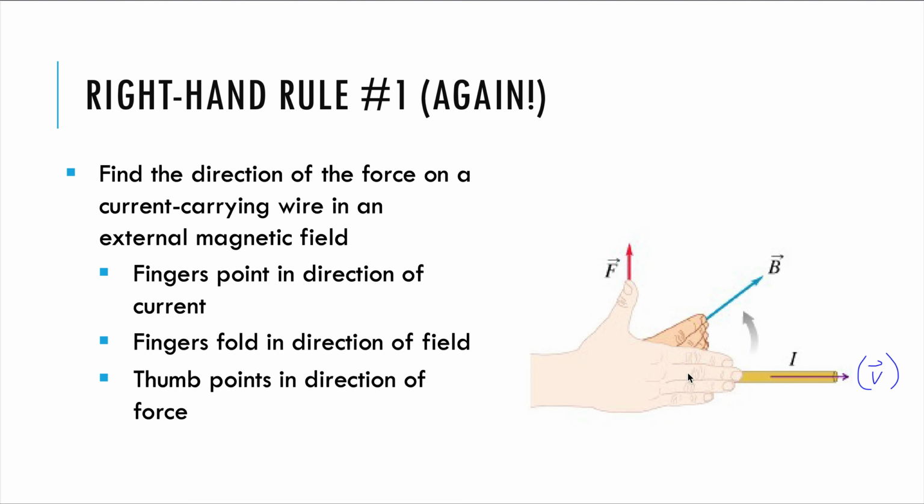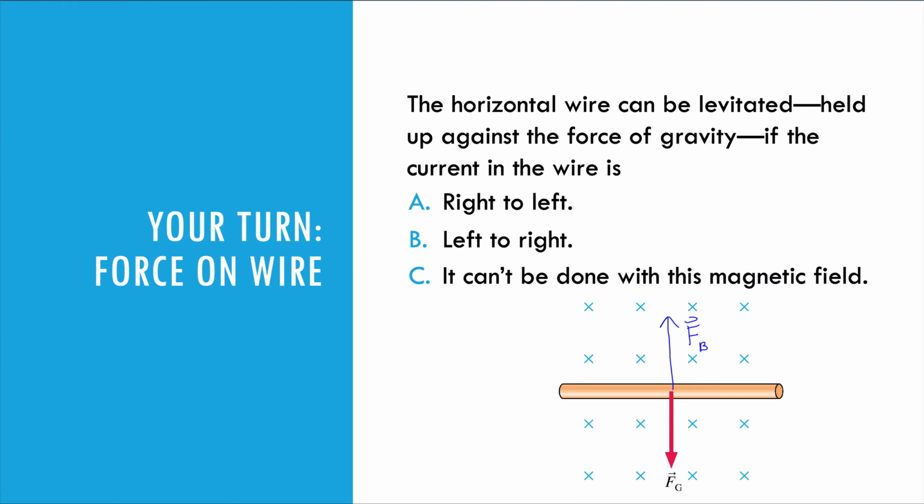If your fingers are pointing to the right and you fold them into the page, since that magnetic field was going into the page, then your thumb is pointing up. So that means that the current has to go to the right in order for the force to be going upward. So the current is going from left to right.